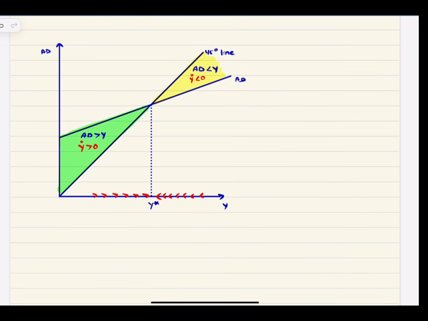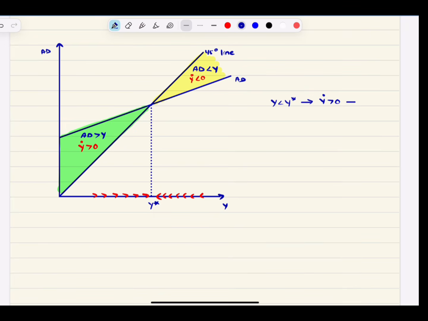remember, all points on the IS curve are points that denote y star. Okay, and we've seen that whenever output is less than y star, we experience an increase in output.